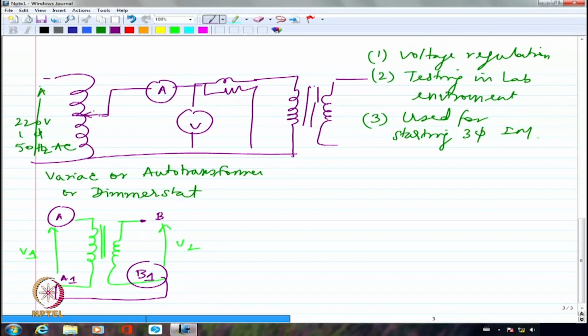In the auto transformer here itself, let me say that maybe this is 2200 volts, and maybe this is 220 volts.